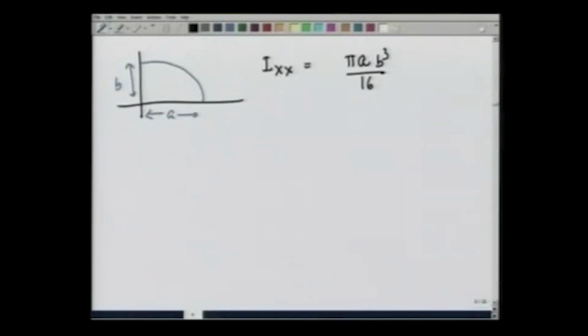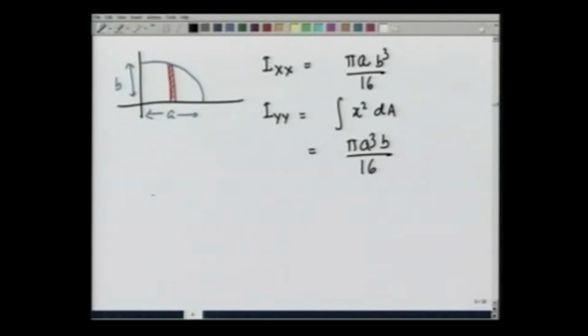Similarly, I can calculate Iyy, which is the integral of x squared dA, where now I'm going to choose a strip parallel to the y-axis. The integral is very similar to what we just did, and this will come out to be pi a cubed b over 16.